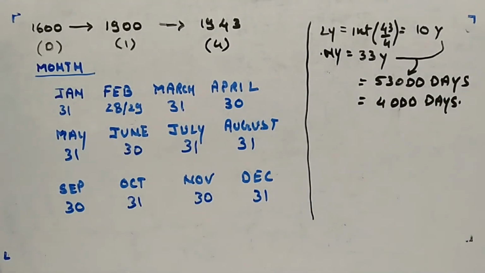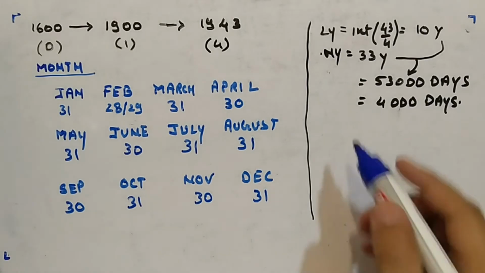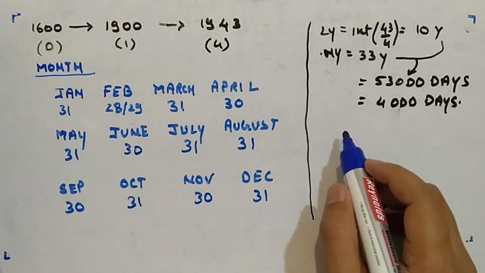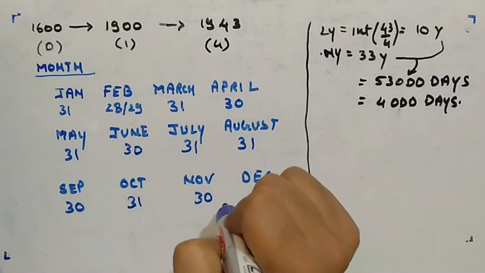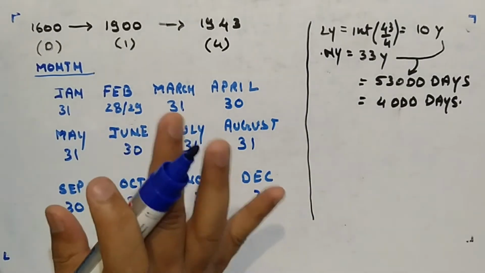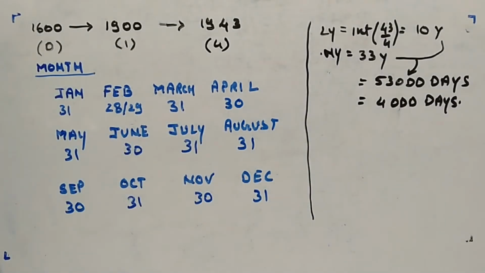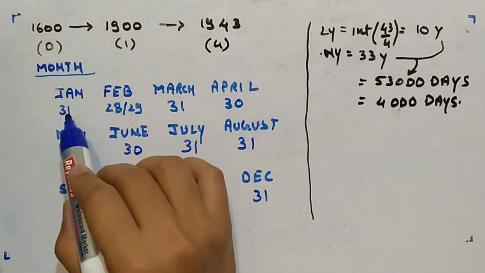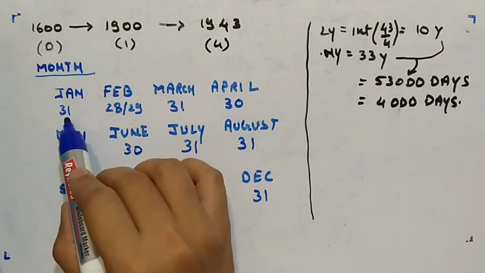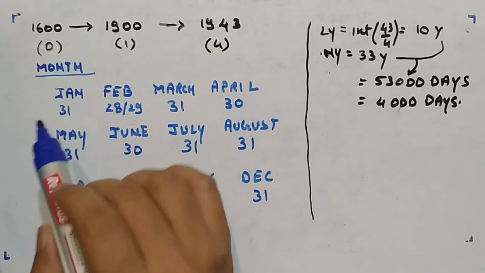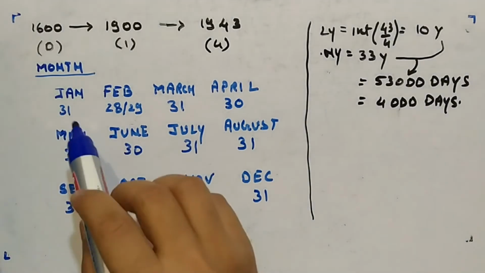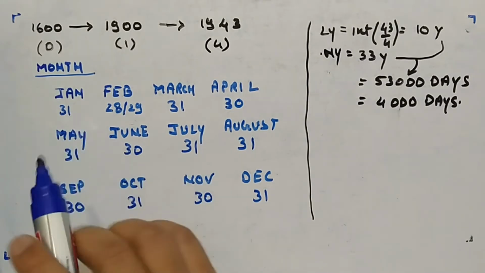Now how are we going to use this for our purpose? How many odd days will be there in these days? Divide by 7, that's all. If you divide 31 by 7, 7 into 4 is 28, and the remainder is 3.